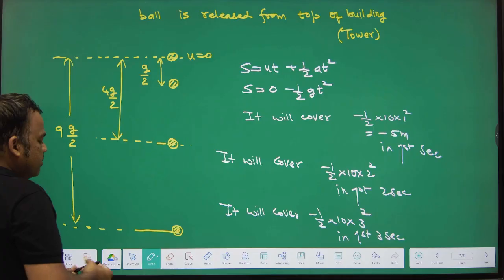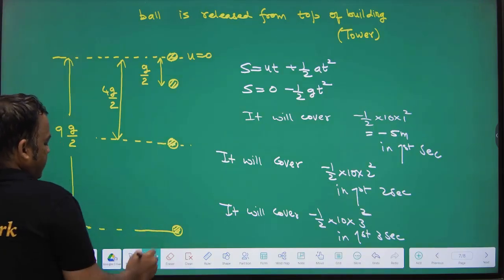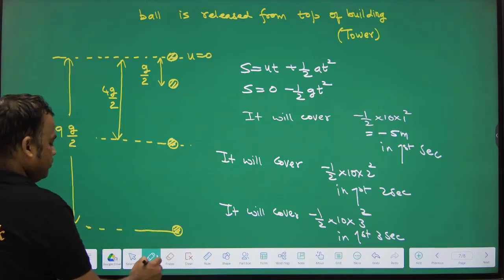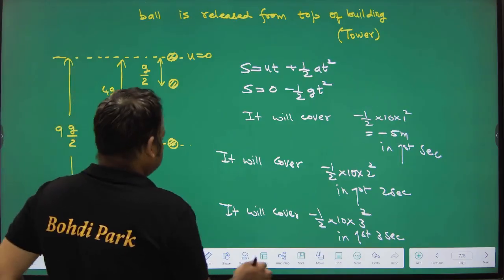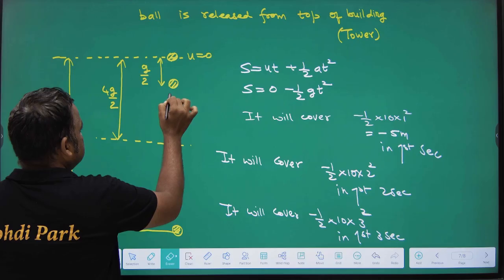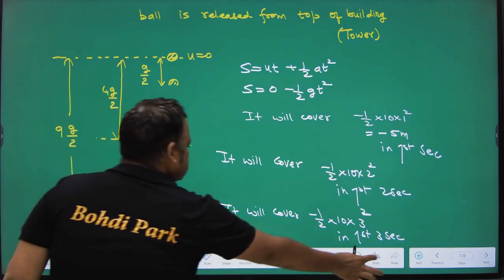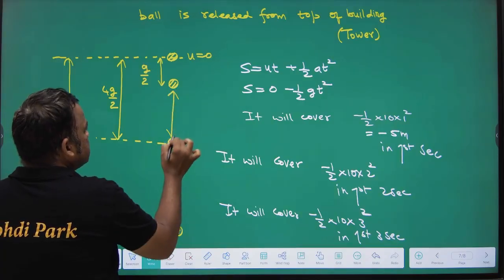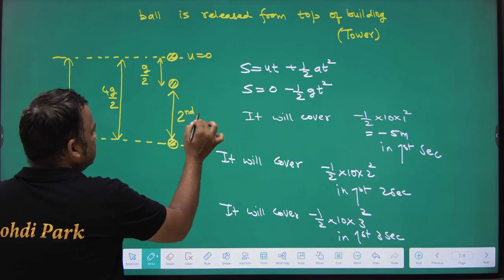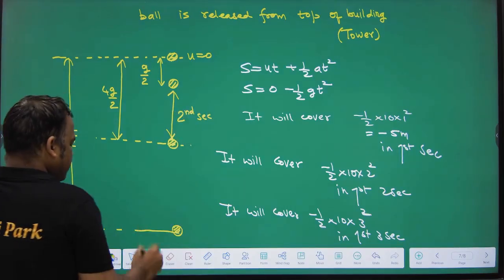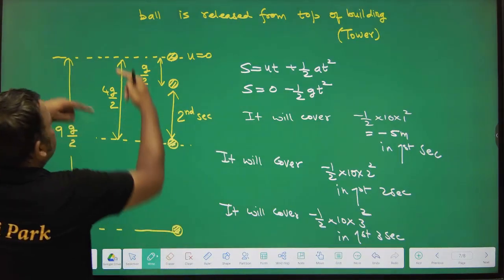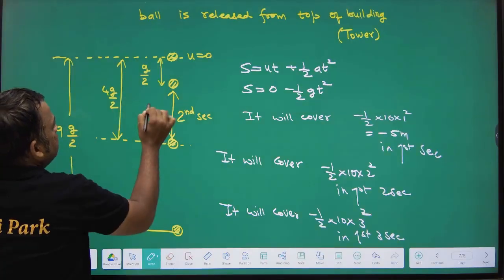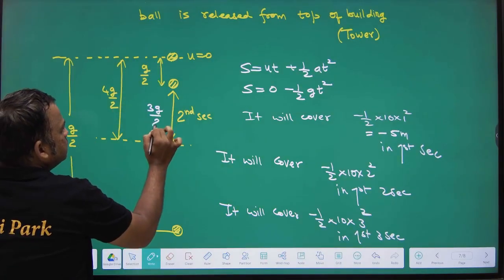So what is the displacement in the second second? This is the displacement in the second second. How much is it covering? 4g by 2 minus g by 2, so it will be 3g by 2.